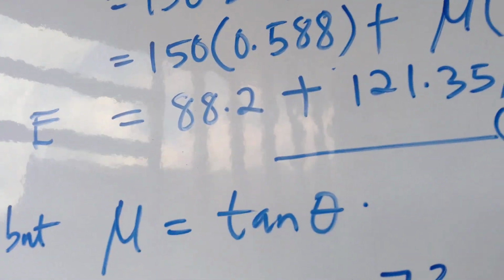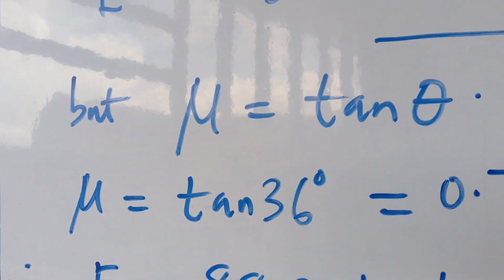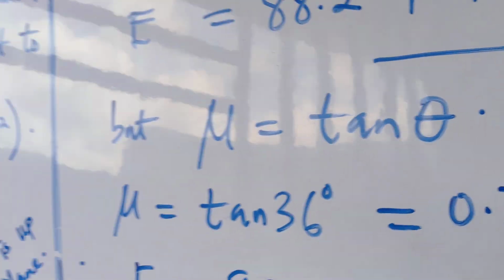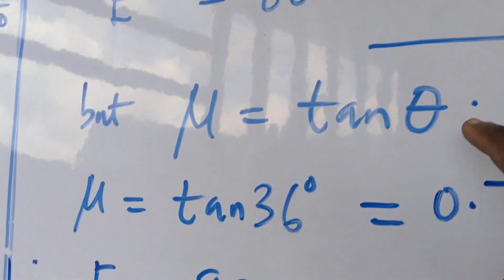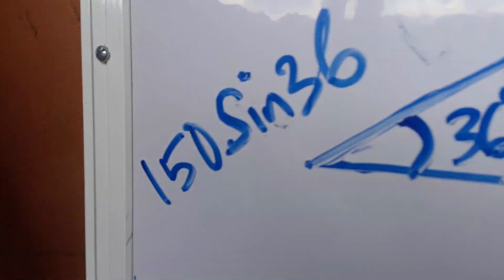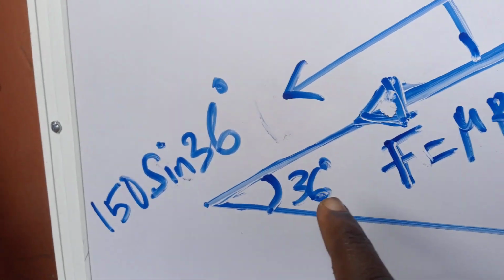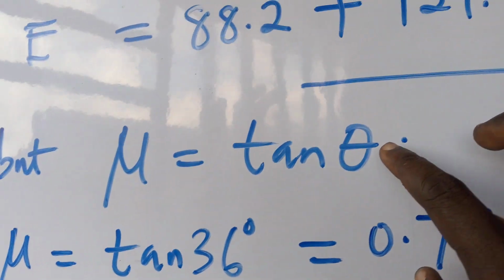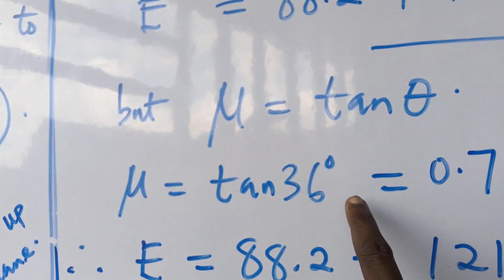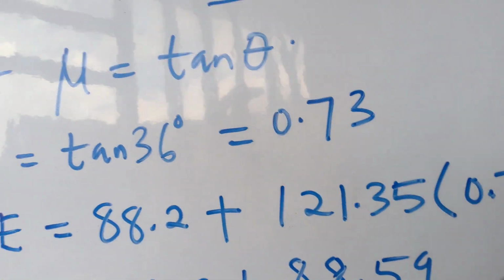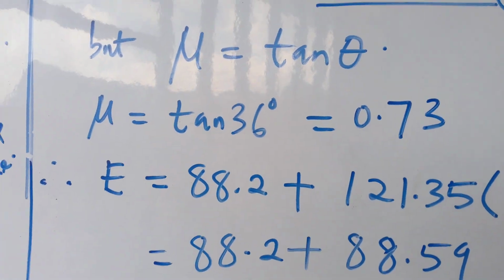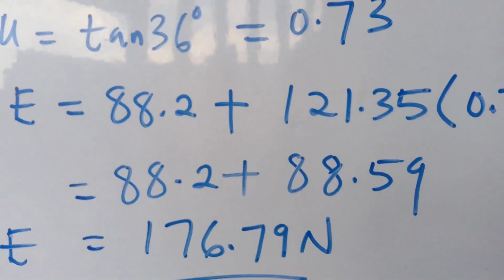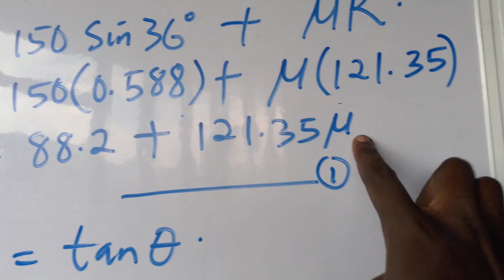Now we have the value of theta, the angle of inclination, as 36 degrees. If I substitute 36 degrees into this, in place of theta I write 36. So this will be tan 36 degrees, and tan 36 degrees is 0.73. Now I put it back into equation 1.